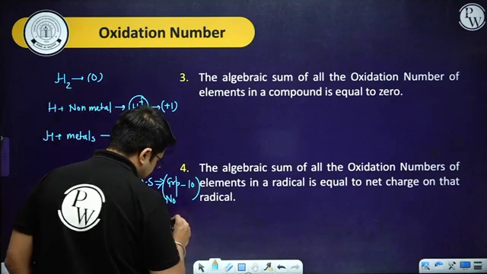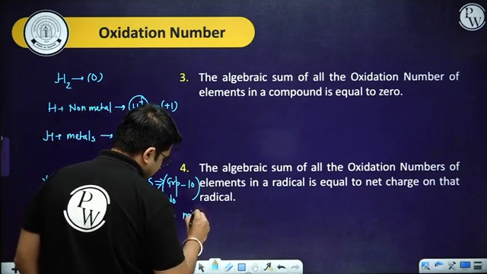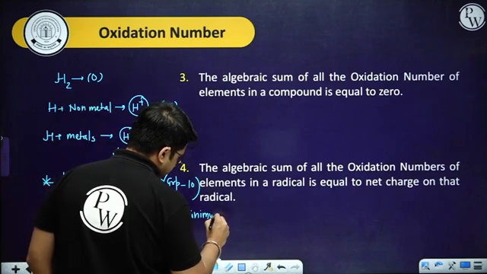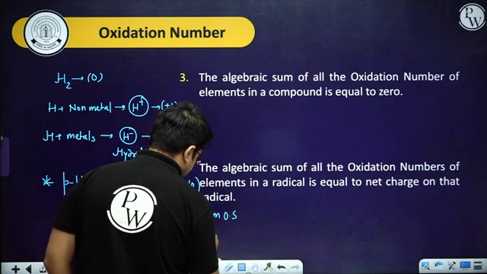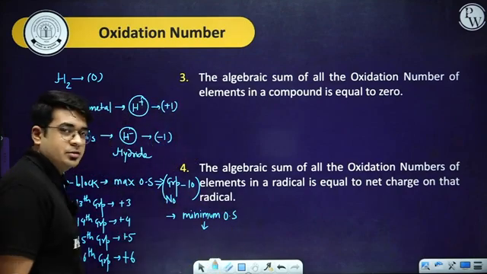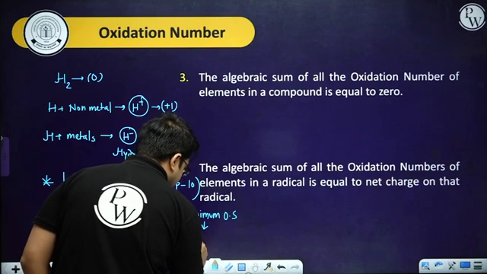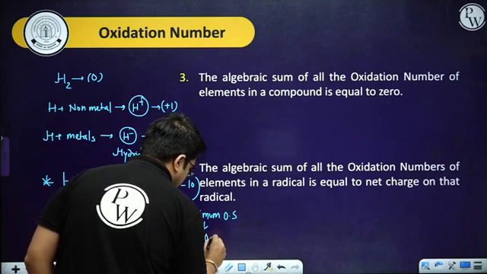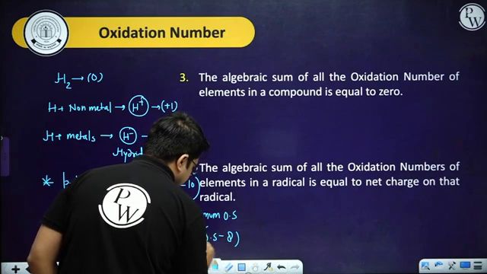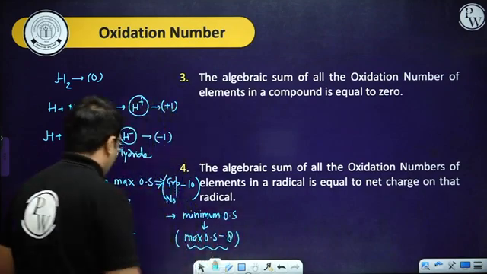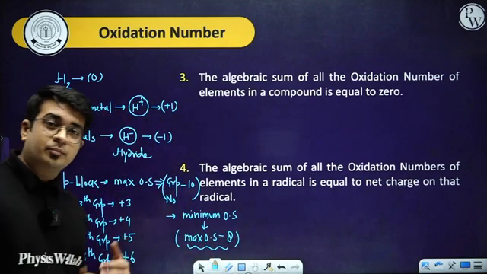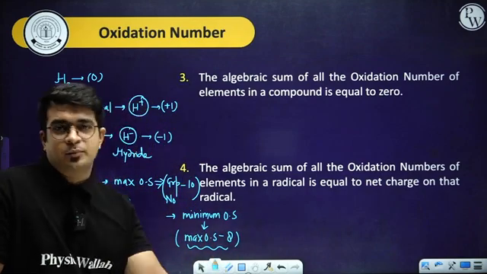Their minimum oxidation state in the case of p block elements is basically maximum oxidation state minus 8. Although in group 13 the minimum will be -5, which is not possible.